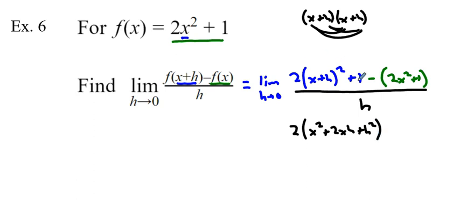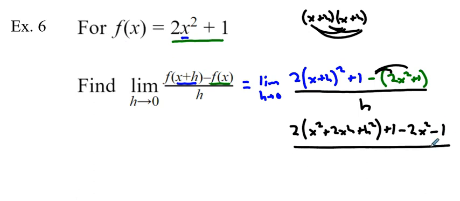That's this part, plus 1. And then let's distribute this minus while we're at it. Minus 2x squared minus 1 all over h. And don't forget we've got a limit in front, so the limit as h approaches 0.